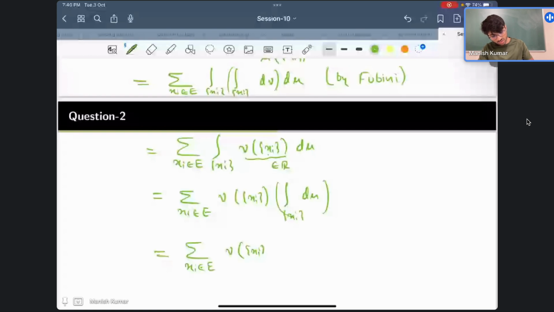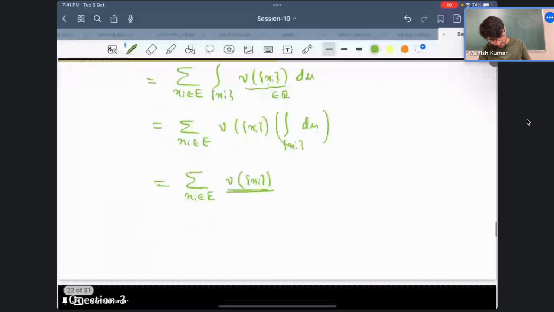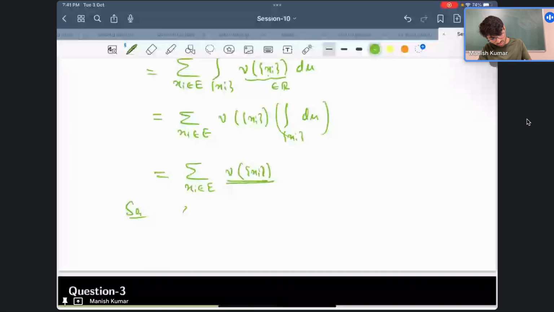So you have got that nu of E is a summation of f of xi, so you have got summation of nu of xi. This f of xi is nothing but the measure nu of singleton xi. So this is the function. This is one way, or from here you can write nu and d mu over E, which is another way. In whatever style you are comfortable, you can check that.